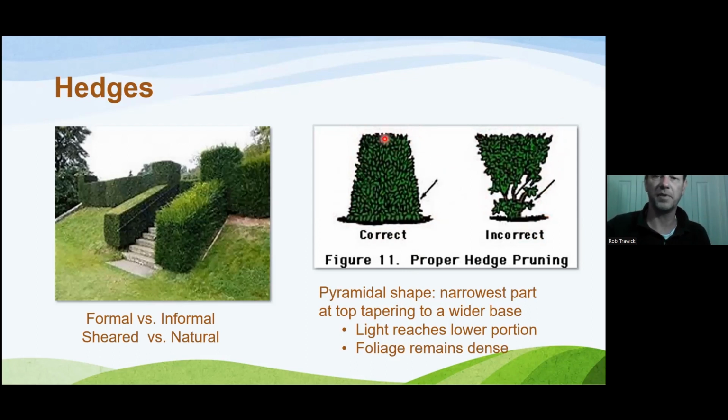As long as the top is narrower than the bottom, basically the sides will continue to get full sun. So you'll have a full shrub. But if the top is wider than the bottom, the sides are going to end up getting shaded out, and you'll end up with almost basically looking at stems on the side and green on top.